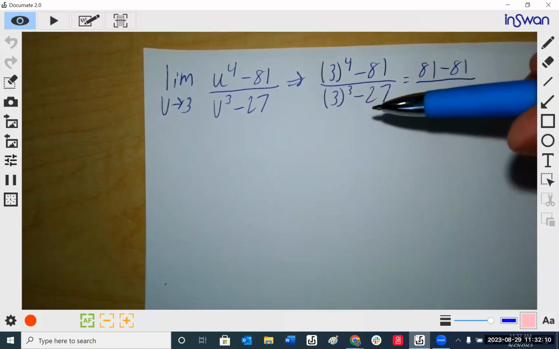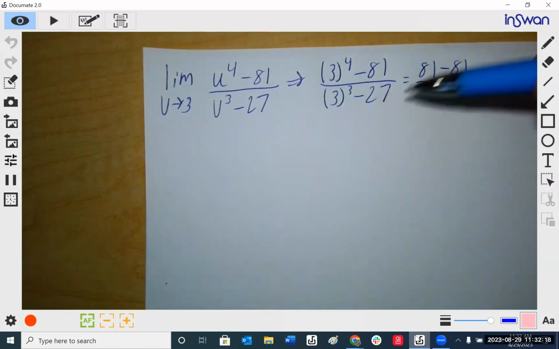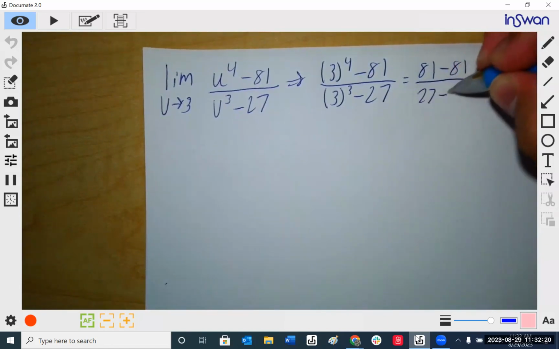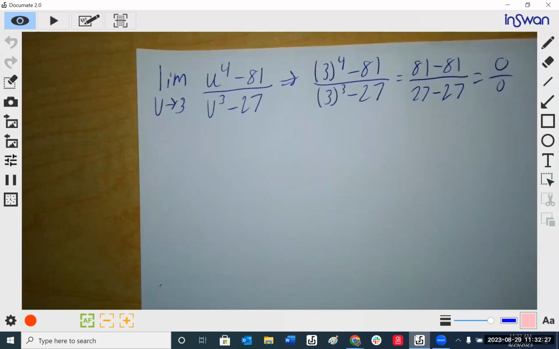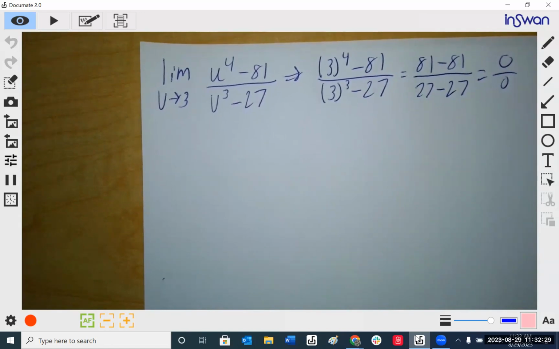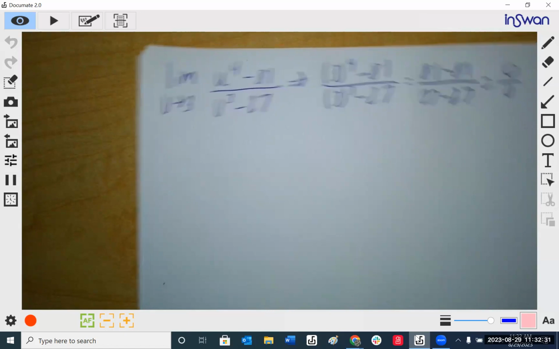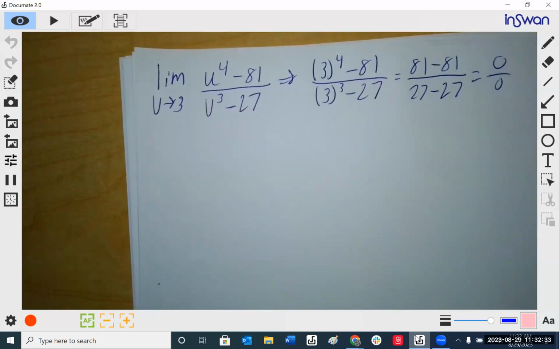Three times 3 is 9, 9 times 3 is 27. A good rule of thumb is you're usually going to get 0 over 0. So it's 0 over 0, so what do we do?